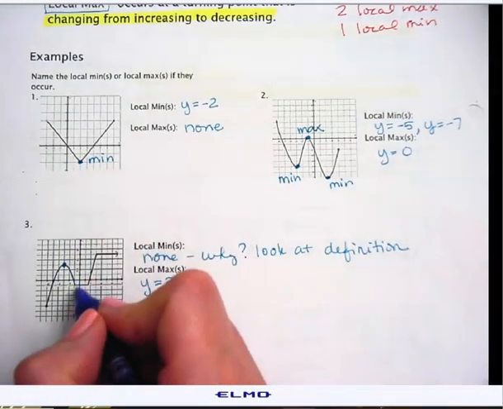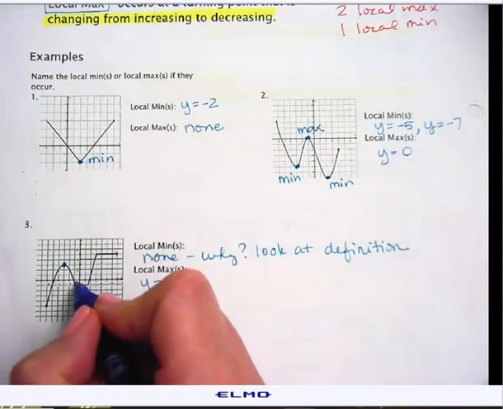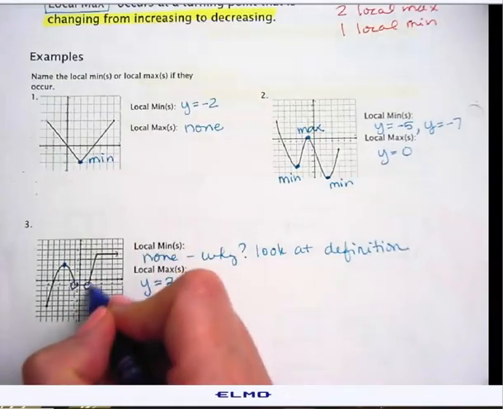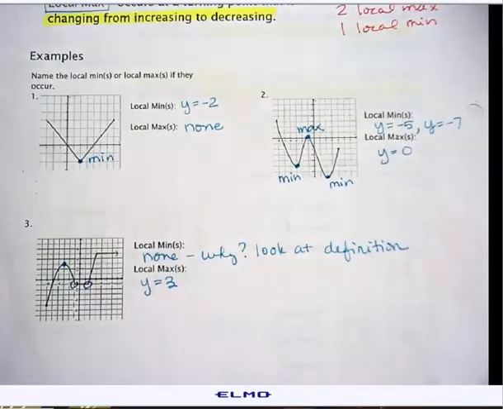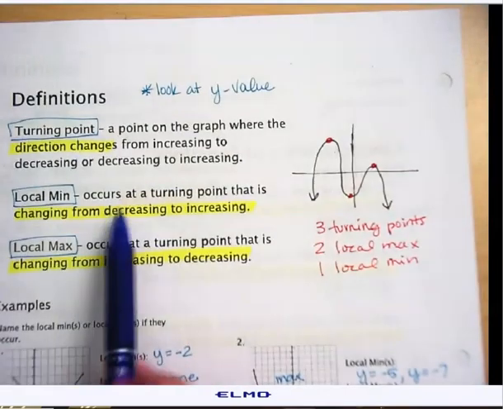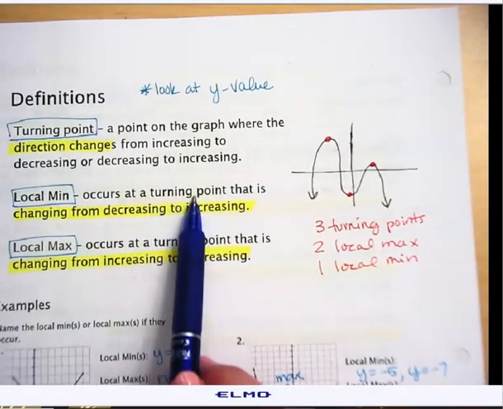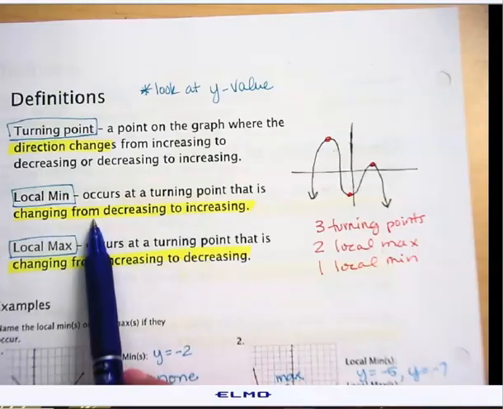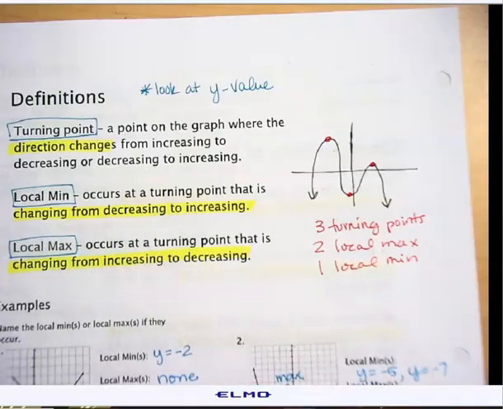Now, it feels like there's a minimum value here and here, maybe even here. Now, those are minimum values as far as the range goes and for those particular areas, but they don't fit the definition of a local min, which says that a local min is a turning point that is changing from decreasing to increasing.